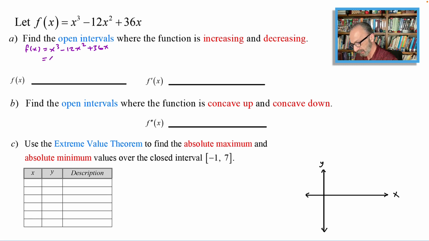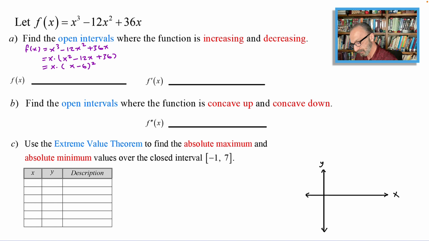This equals x multiplied by x squared minus 12x plus 36, which can also be factored inside to the following: x times (x minus 6) times (x minus 6).